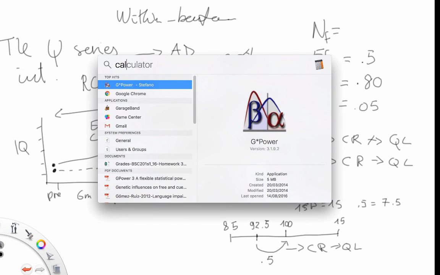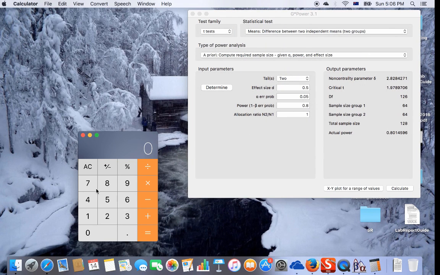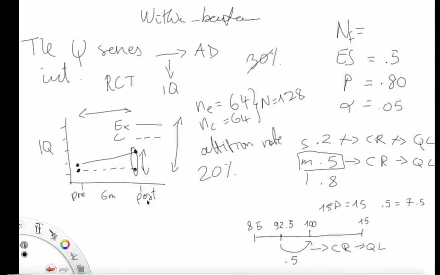So we can just very quickly calculate that. It's 128 participants times 0.2, so that's 20%. So you need an additional 25.6 participants. If you round that to 26, so 26 plus the previous sample size, now we are at 154, divided by 2 groups, that's 77 participants per group.